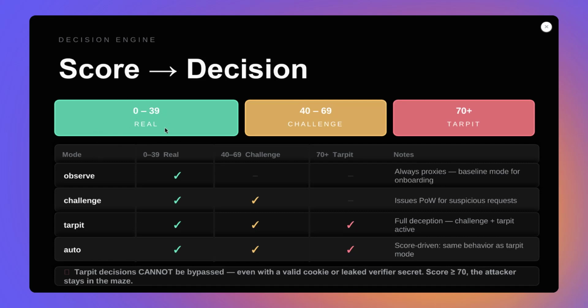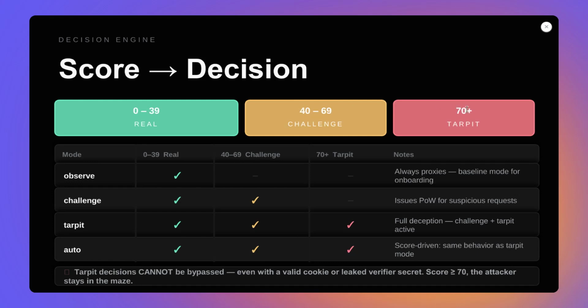You have to first observe your traffic and then change these numbers. You can either put 0 to 40, 0 to 50 on real if your traffic is highly volatile. If your traffic is normal, you can just put 0 to 39, 0 to 35, or anywhere around 40. After 40 it will go on to challenge mode, which will send proof of work.